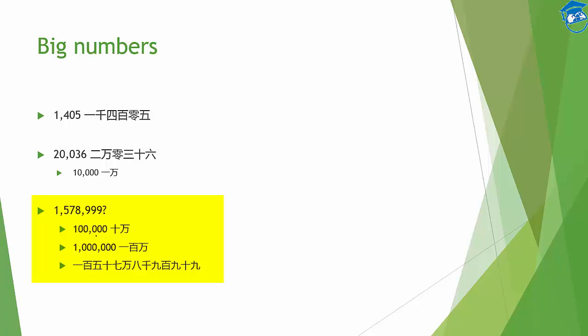Okay, and 6 zeros is just making the 10 10,000s here into 100, so in the end it's 1,578,899. Okay, so let me do it again.